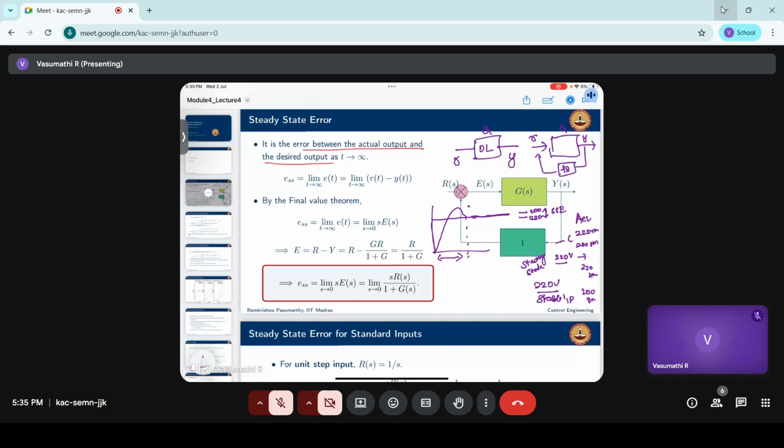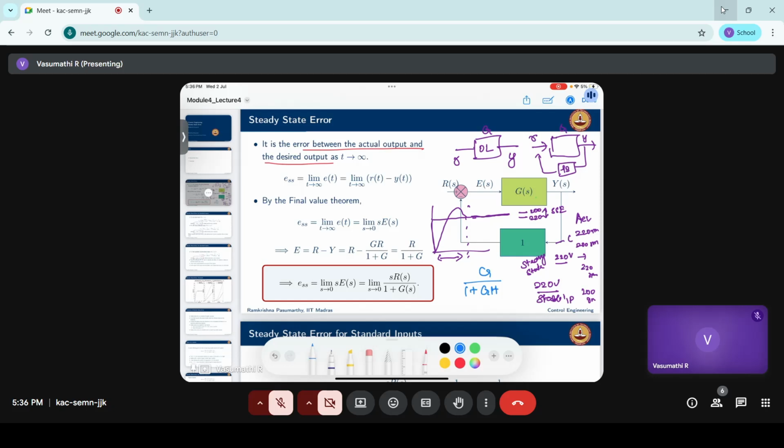So how do we find the steady state error for any control system? When it comes to steady state error, we always speak in terms of closed loop systems. For a closed loop system, how will you define the transfer function? G(s) upon 1 plus G(s)H(s). Because we always consider a negative feedback system, we use 1 plus GH.